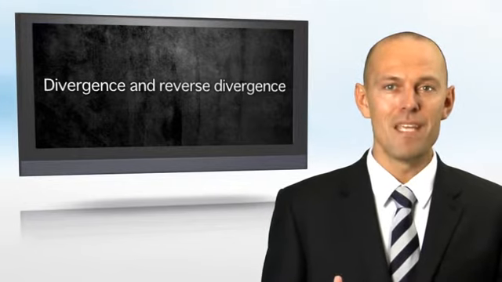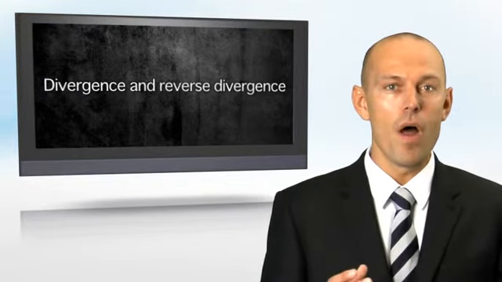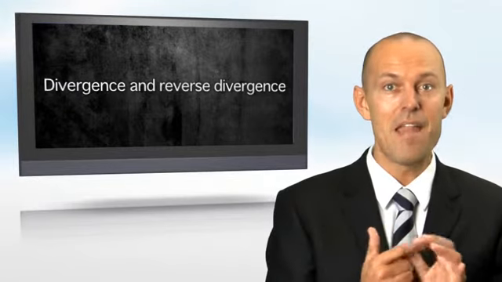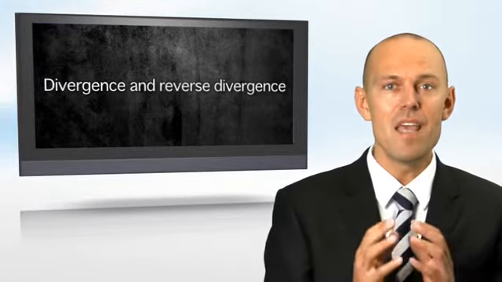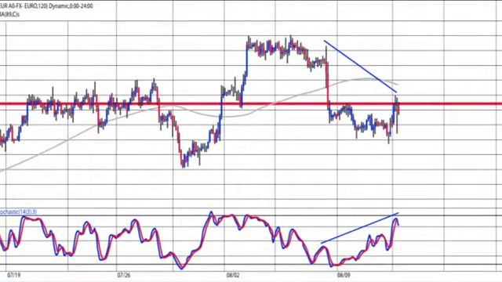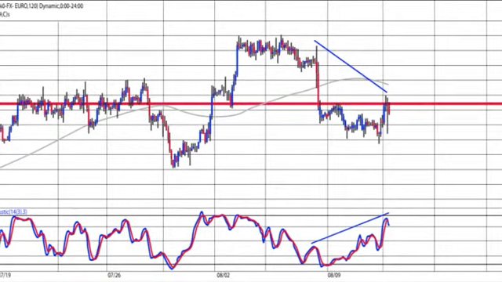What divergence means is that one of the two components, i.e. price and the momentum indicator, is diverging from this principle. For example, on the chart you see on the screen right now, price is making new highs before the trend turns down.